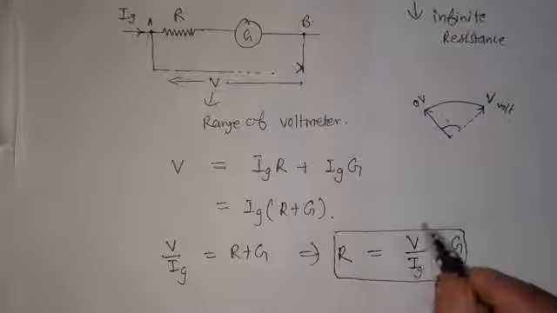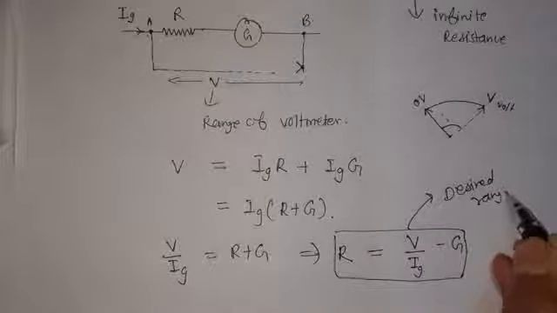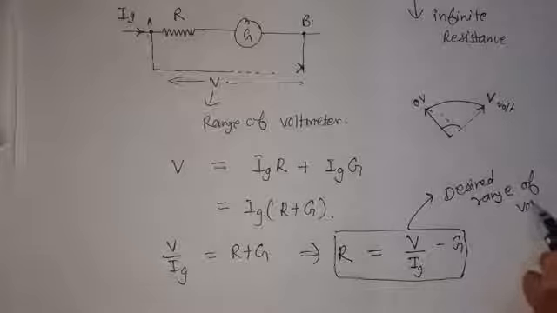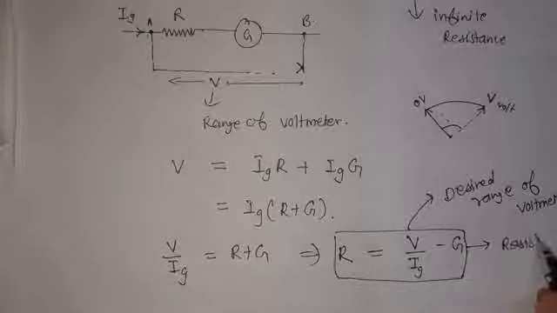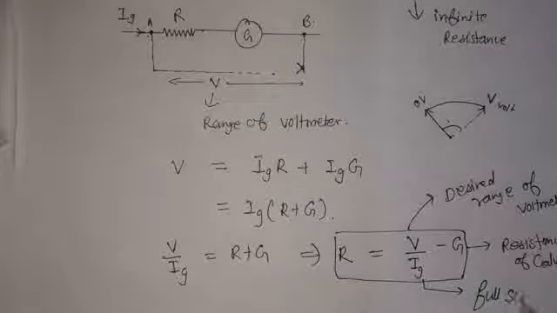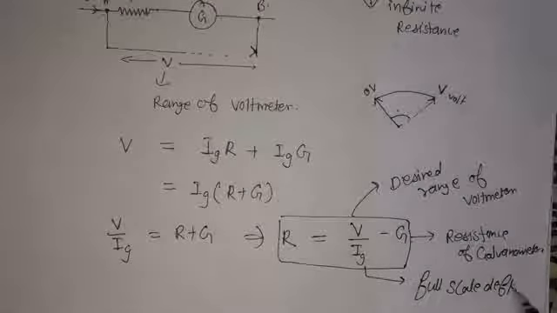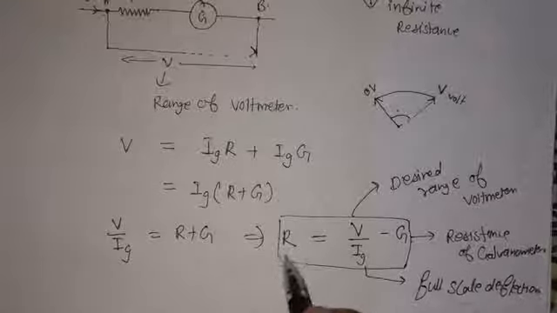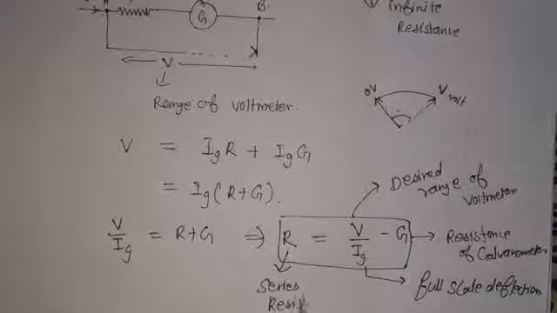Here V is the desired range of the voltmeter, G is the resistance of the galvanometer, Ig is the full scale deflection current, and R is the series resistance.